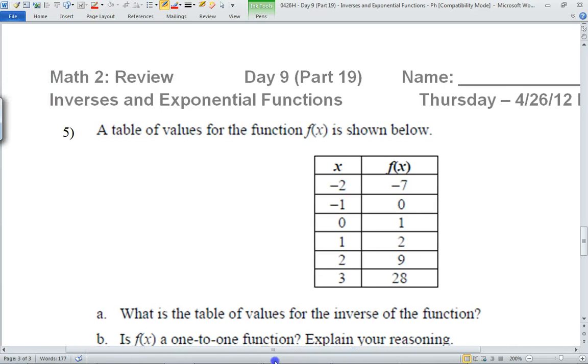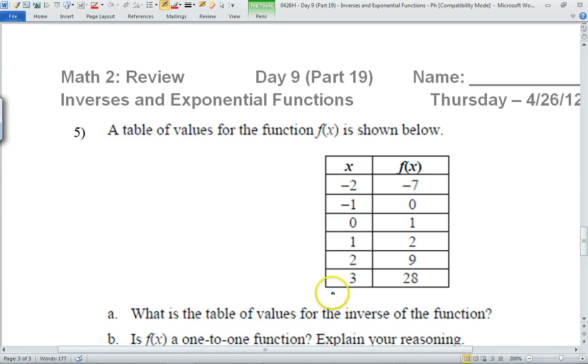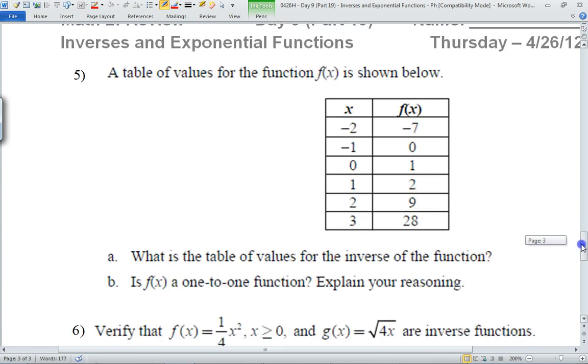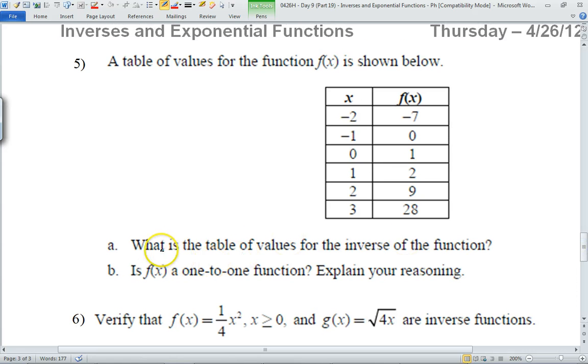Okay, let's take a look at number 5. A table of values for a function is shown. What is the table of values for the inverse function? Well, for the table of values for the inverse function, all we do is reverse all the x's and y's.